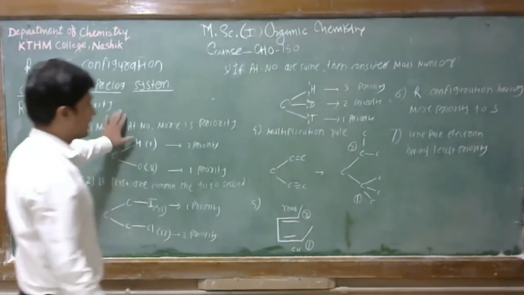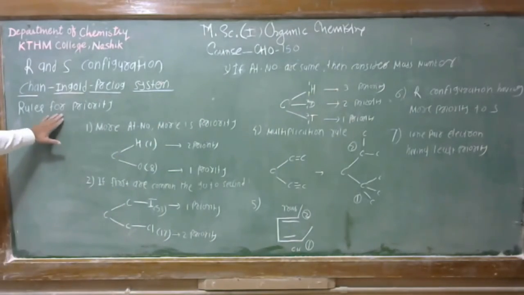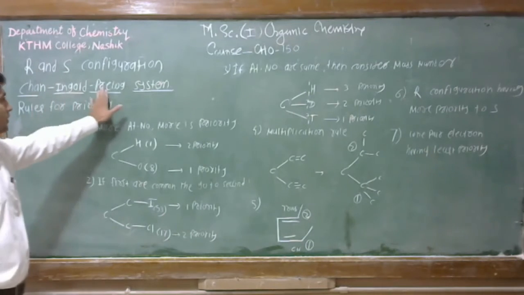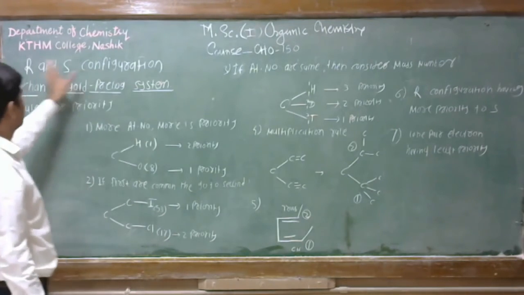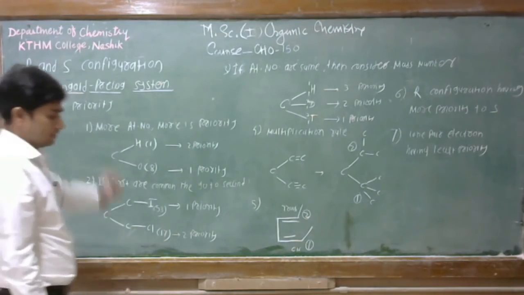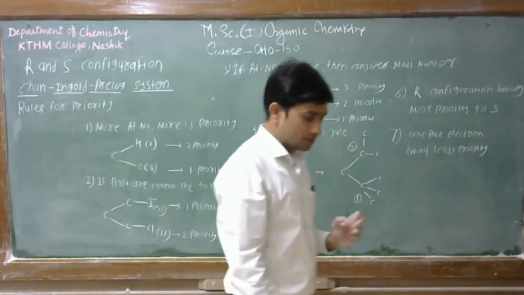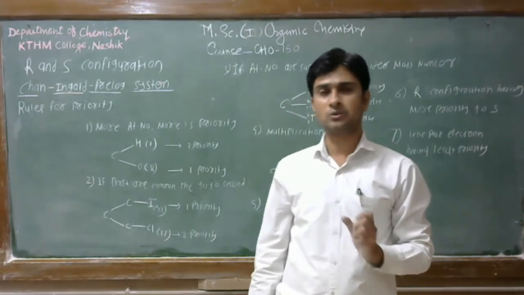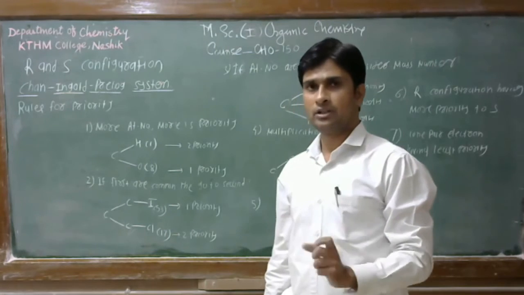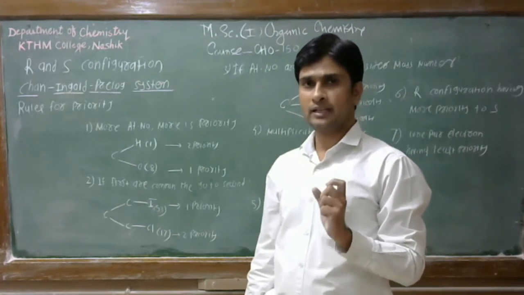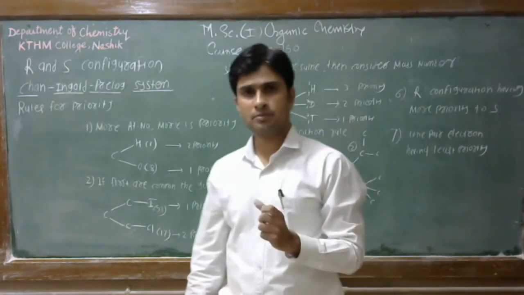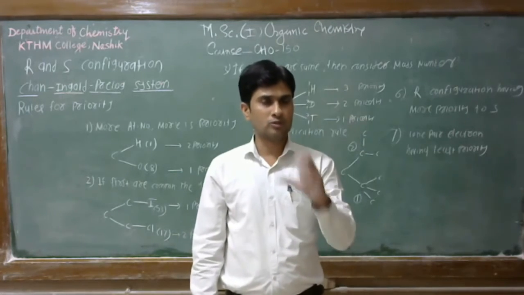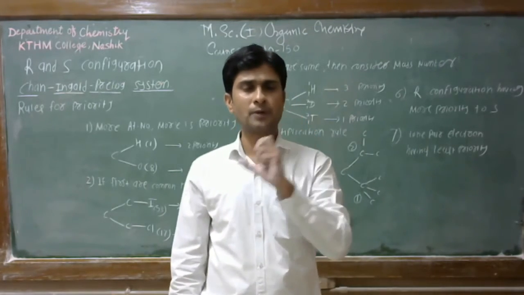So all these are the rules of priority in the Cahn-Ingold-Prelog system for the determination of R and S configuration. Firstly, in determination of R and S configuration, we give the priority to the four different groups, and after that we have to observe the least priority group.